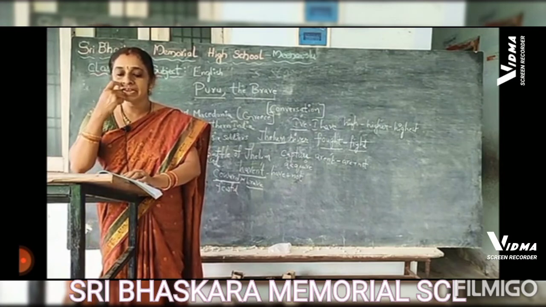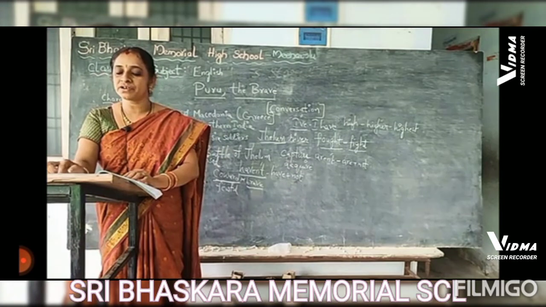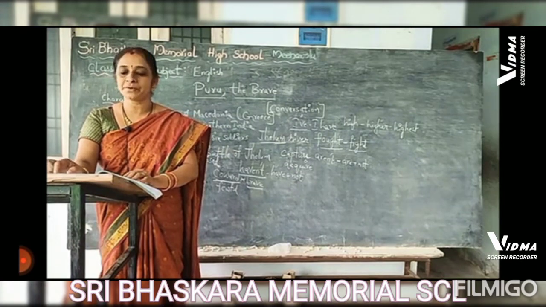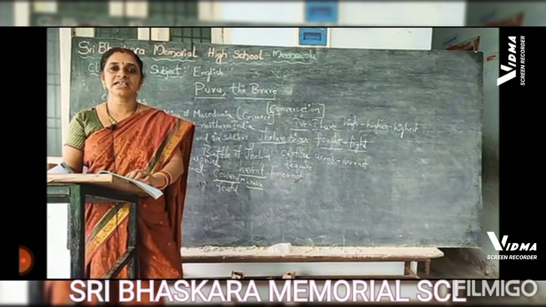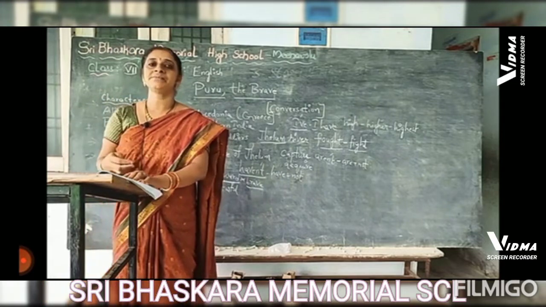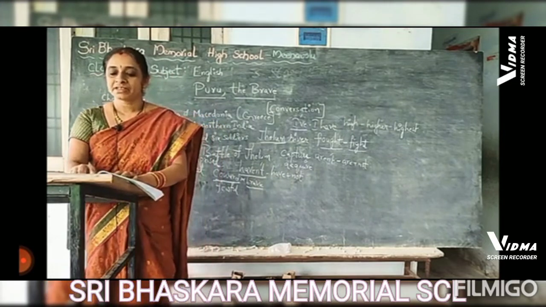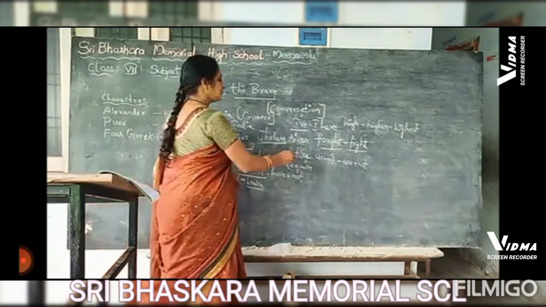Puru: My name is Puru. Alexander: All right. Are you sorry for the mistake you made, Puru? Puru: I made no mistake, sir. Puru is telling, I didn't make any mistake. Alexander: Didn't you reject my proposal?